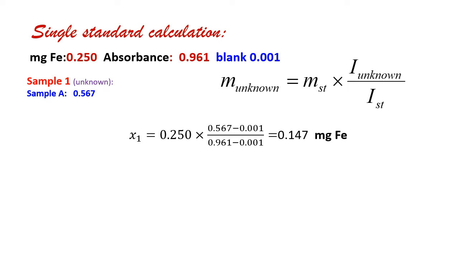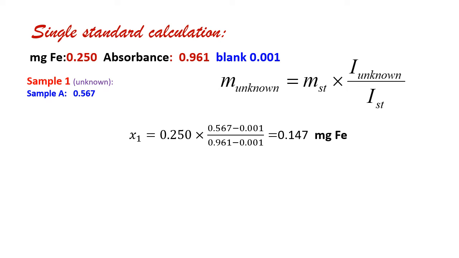I look at my procedure. I recall that I need to subtract blank from my standard and from my unknown, and then calculate mass of iron in unknown as mass of standard times signal from unknown divided by signal of standard.